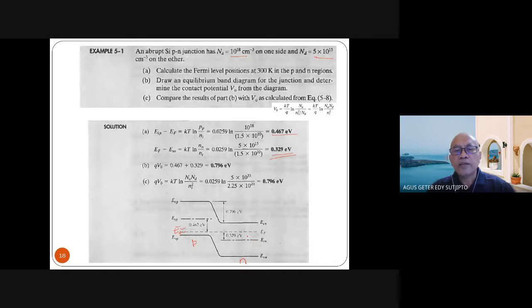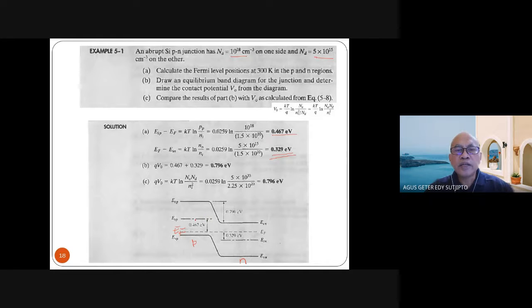So then we can have the second question: draw the equilibrium band diagram for the junction and determine the contact potential V0 from the diagram. So we can see here the energy at equilibrium for the junction.